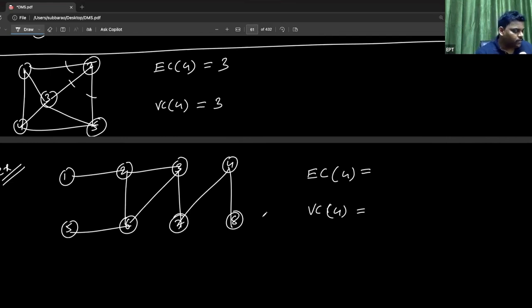What is the answer for this? Please check. Complete this also, almost over.